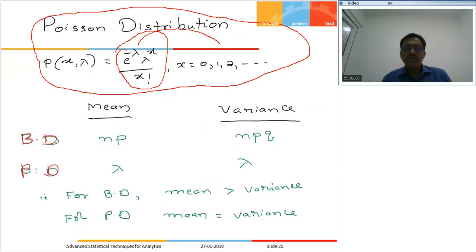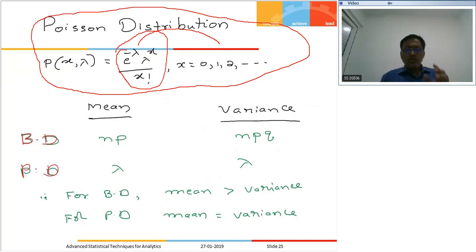I have been repeatedly saying it is very important to identify what the parameters are when we go for implementation. So in case of binomial, n, x, p are the parameters. In case of Poisson distribution, lambda is the parameter.